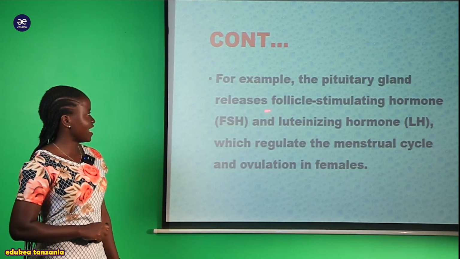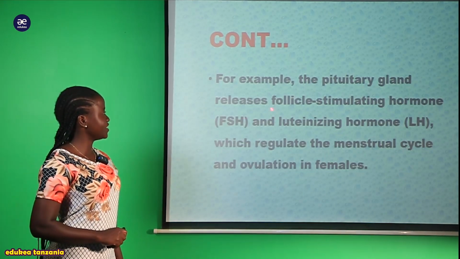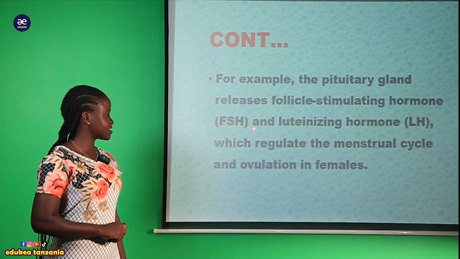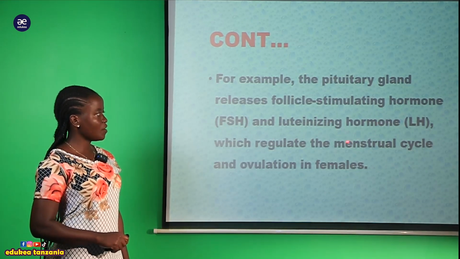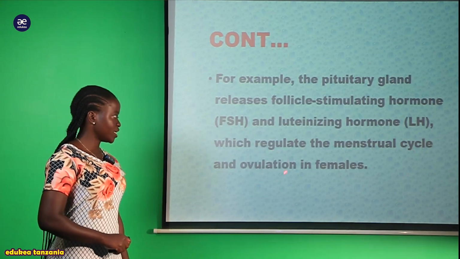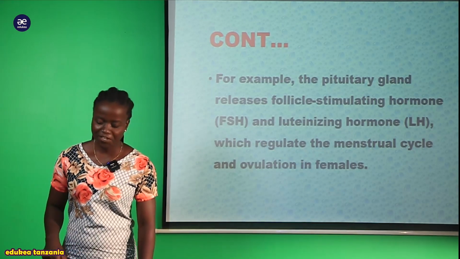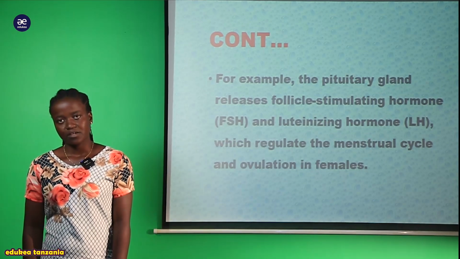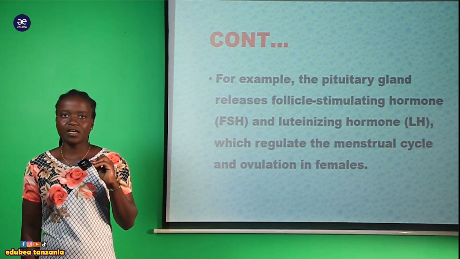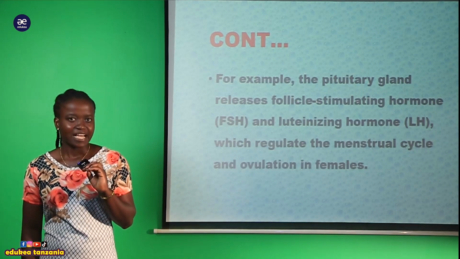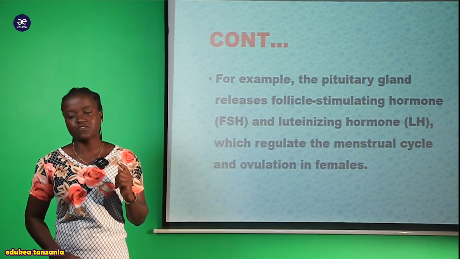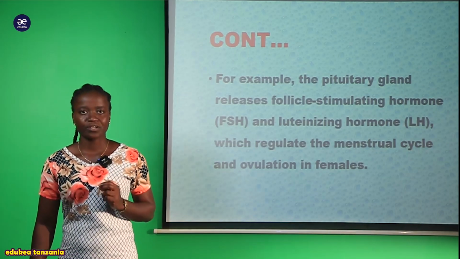For example, the pituitary gland releases follicle stimulating hormone, that is FSH, and luteinizing hormone, that is LH, which regulate the menstrual cycle and ovulation in the female. So now you can see this pituitary gland is responsible for releasing the hormone, that is follicle stimulating hormone.